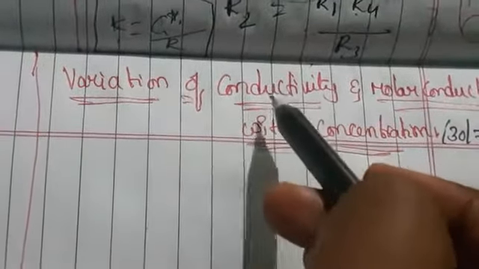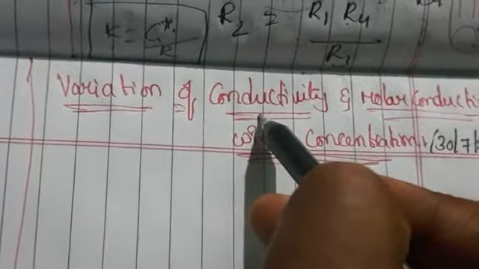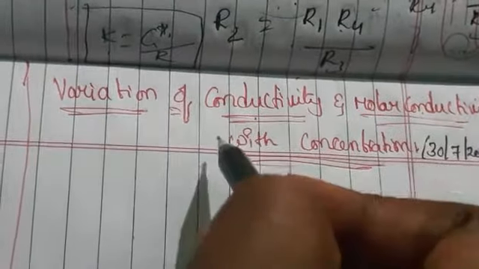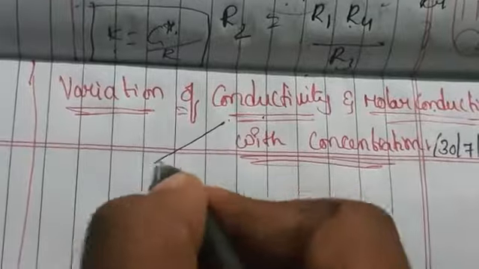Generally, conductivity is represented by K, which is known as specific conductance, and then molar conductance. What is conductivity?